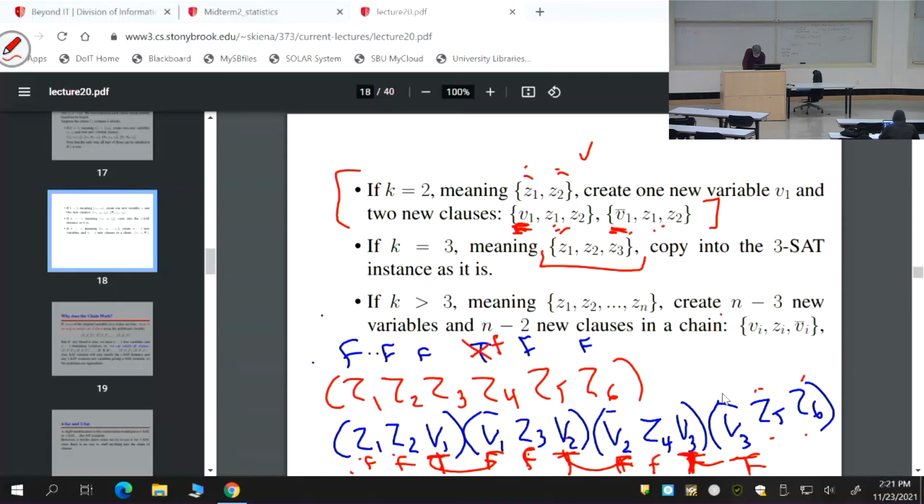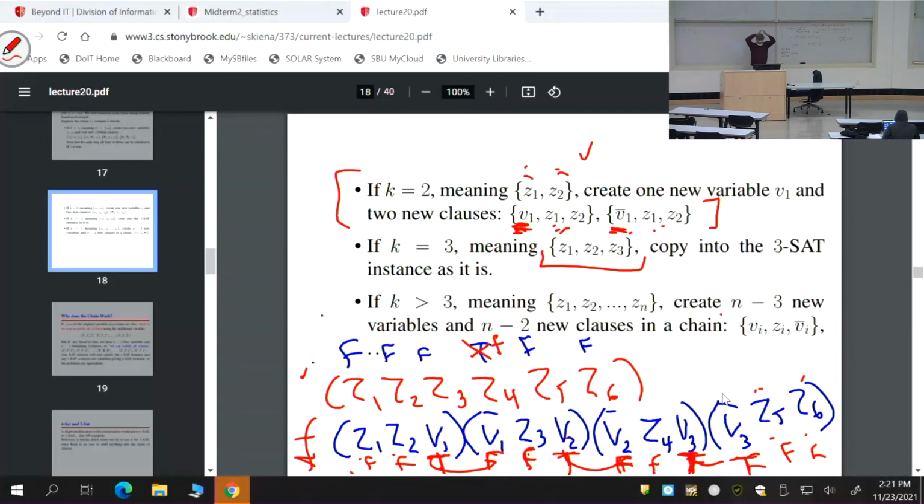And now I'm out of luck. Does everybody see that if I didn't have any true literal in the original expression, I can't save all those clauses? If I have at least one, I can save all those clauses. So this set of clauses on three-element things is equal to this clause. Okay?